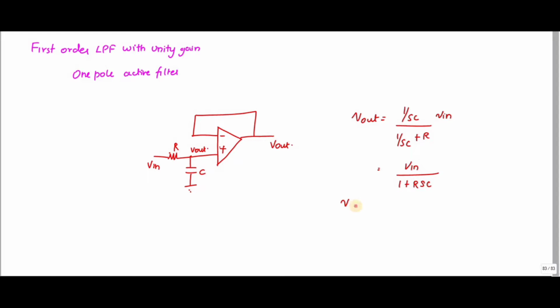Okay, so what is V out by V in? V out by V in is equal to 1 divided by 1 plus j omega RC, if I substitute j omega for S. Okay. So V out by V in is equal to 1 divided by 1 plus j 2 pi f RC.